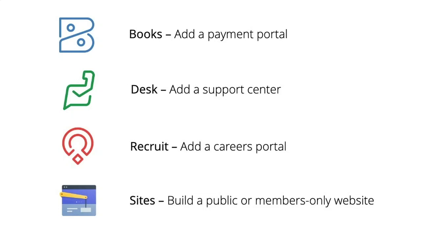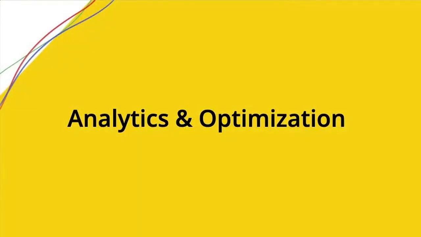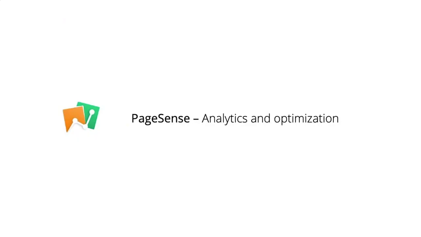That's going to allow you to do a career portal where people apply for jobs, submit applications, upload resumes. And then Zoho Sites, you can build a members only site or portion of a website using the member portal in Zoho Sites.